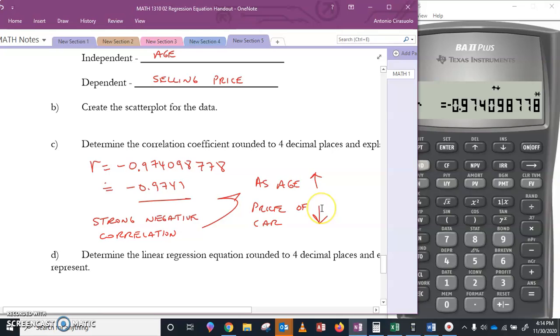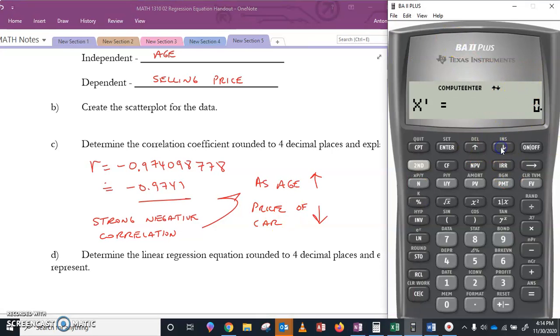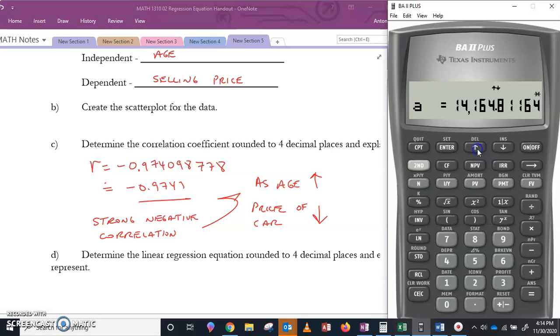Next it asks, determine the regression equation rounded to 4 decimal places and explain your findings. So once again in our calculator, if we scroll up, we want our A and B. Remember, the B is your slope.